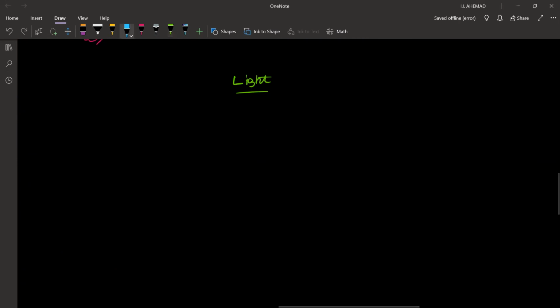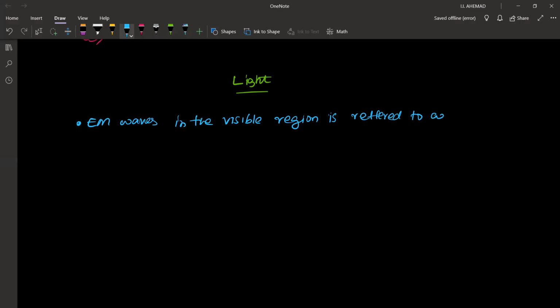EM waves in the visible region is referred to as light.